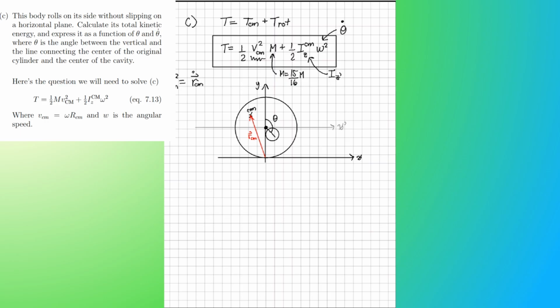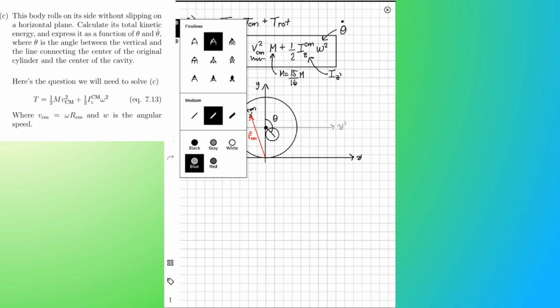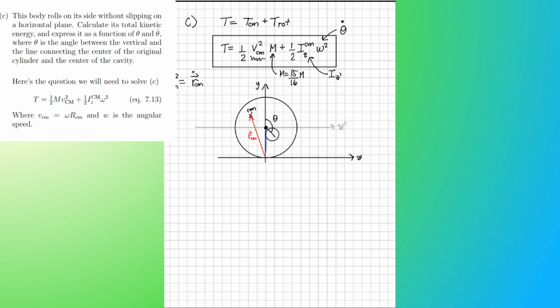Okay, so to find the position of the center of mass, we'll use a vectorial analysis, because we know that this is just the vector r, and this is b right here.